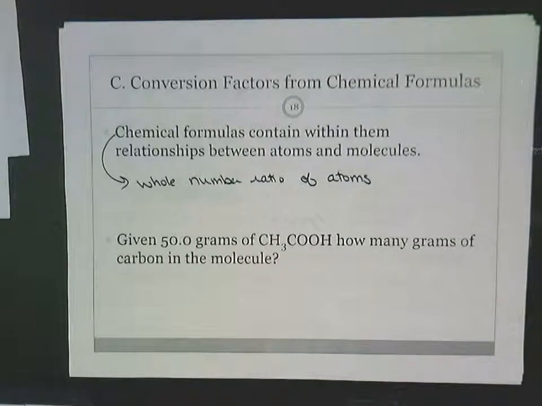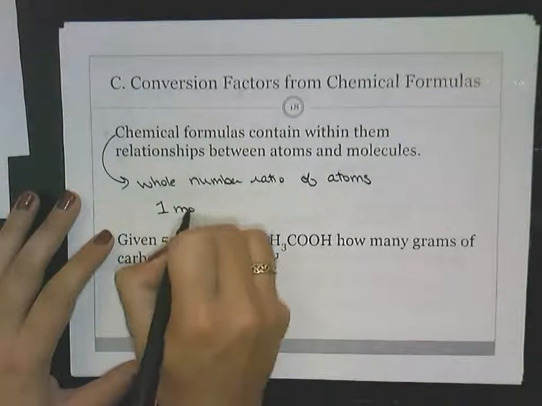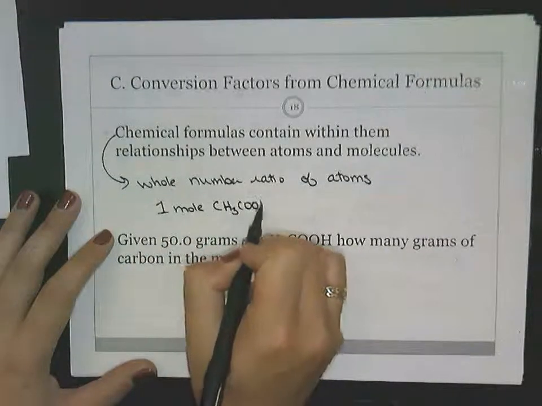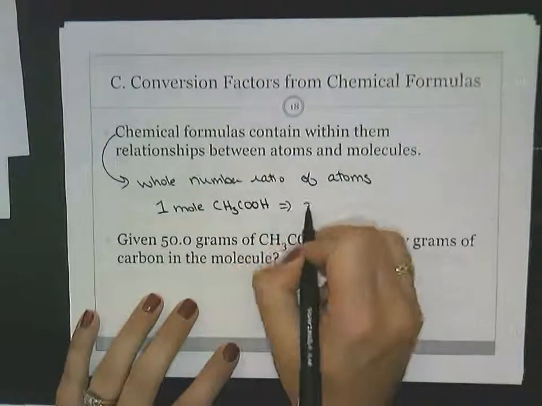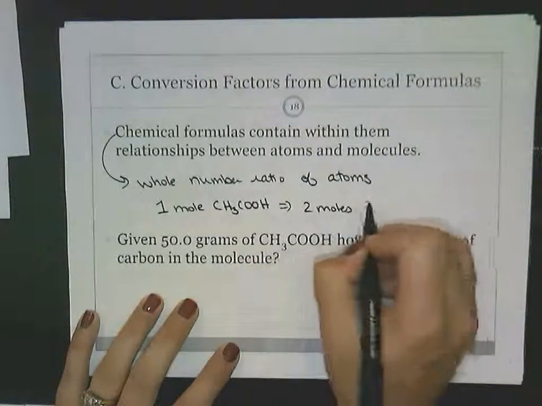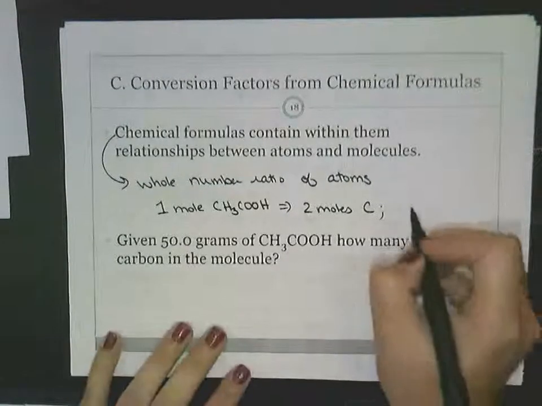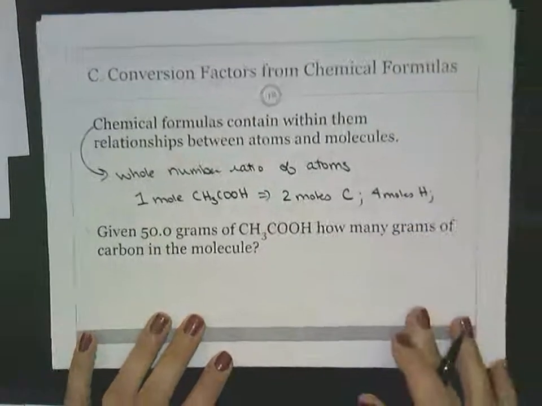So if I have 1 mole of my go-to compound, how many moles of carbon are in it? 2, right? How many moles of hydrogen? Yep, 4 moles of hydrogen. What about oxygen? 2. Okay.